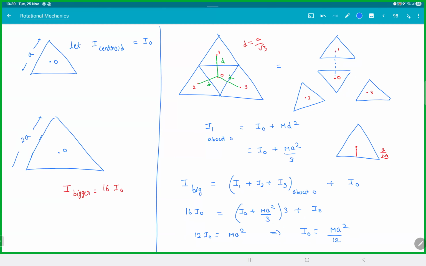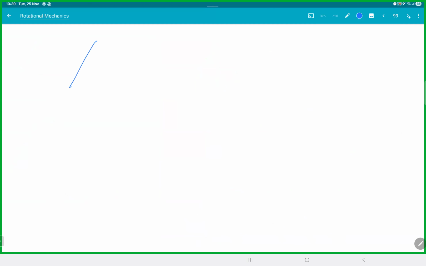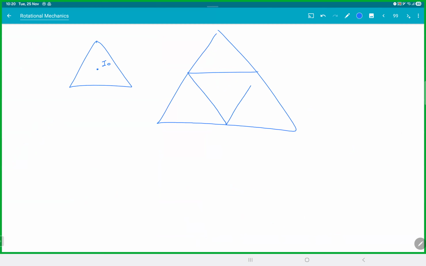Are you clear what we did? Again, I'll explain. So listen to what I did. For the small triangle, I said let it be I naught. When I took the big triangle about the center, it is 16 I naught. Agreed? But the big triangle is nothing but four small triangles. So for this triangle, about the center is I naught. Agreed? Because there's a side A. From here to here, when I use the parallel axis theorem, this will become I naught plus m into d square.